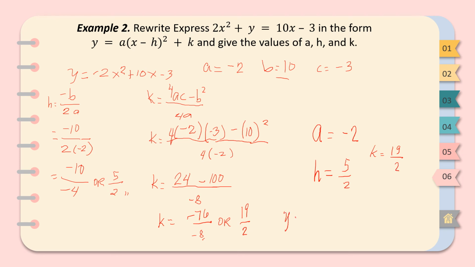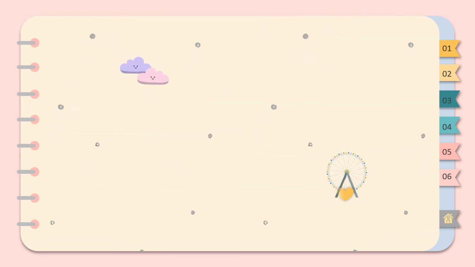Therefore, ang solution natin or ang standard form natin or general form is ang A natin ay negative 2, quantity X. Ang H natin ay positive, so magiging negative 5 half squared plus 19 all over 2. So, ito na po yung vertex form natin. That is for solution number 2.